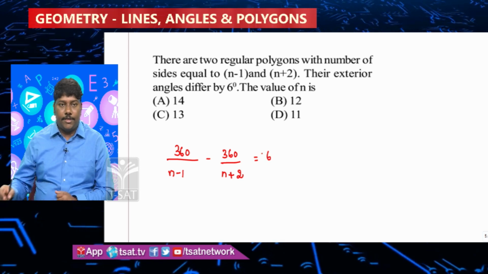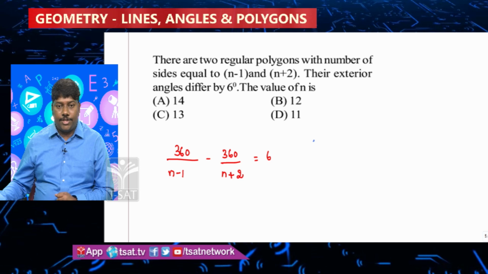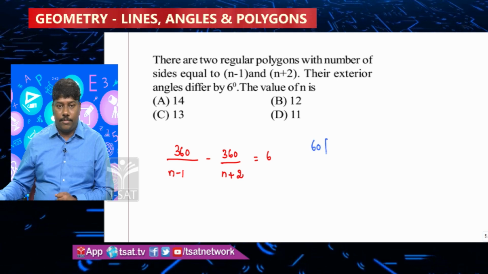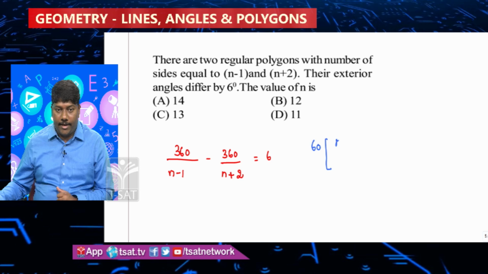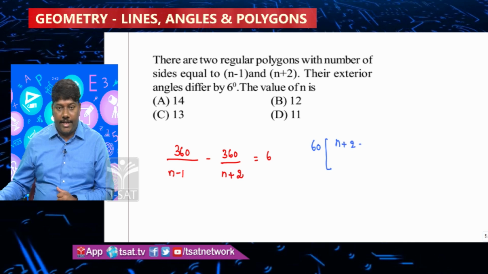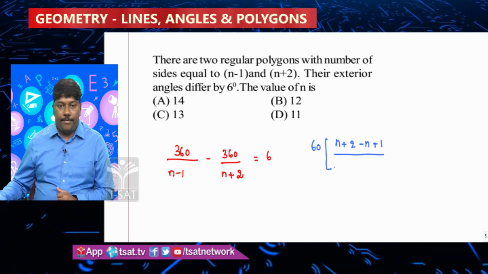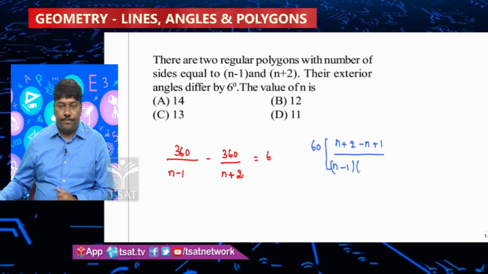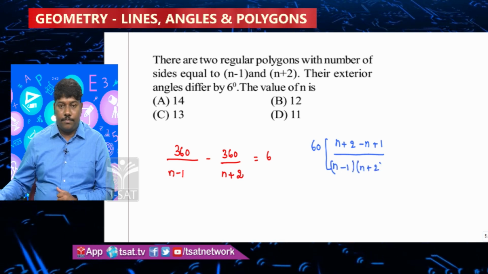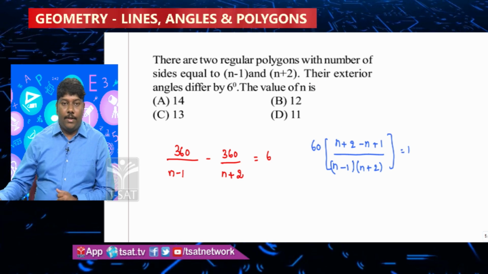Divide everything by 6, you get 360 divided by 6, it will become 60. n plus 2 minus n plus 1 divided by n minus 1 into n plus 2 is equal to 1.